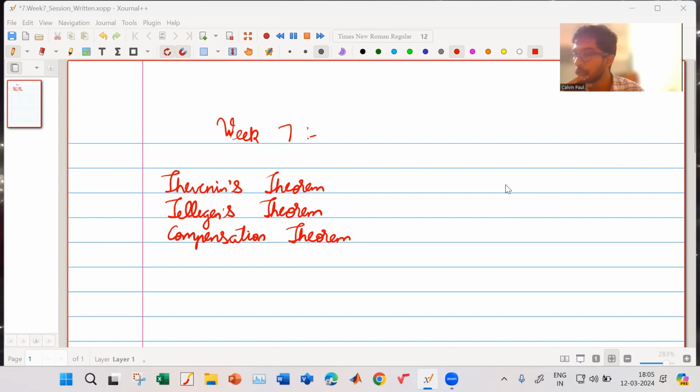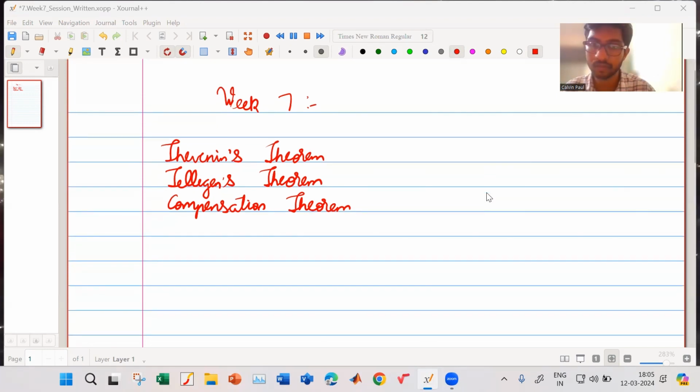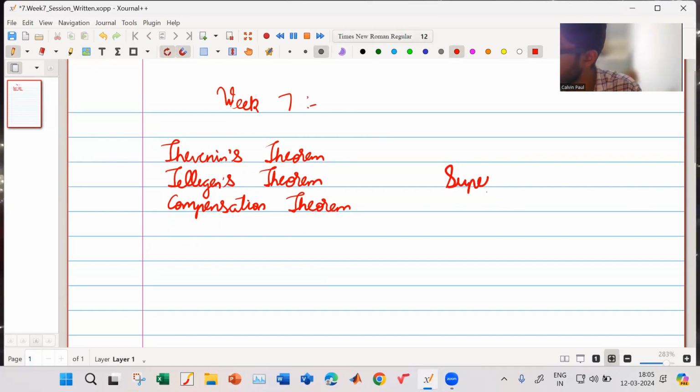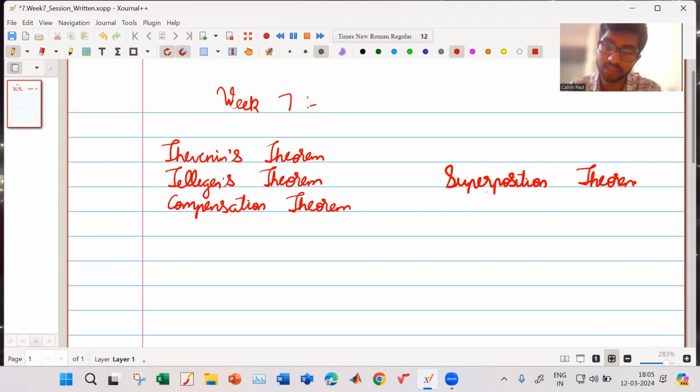The superposition theorem is a very important theorem, like a sort of backbone or foundation on which we build the other theorems.